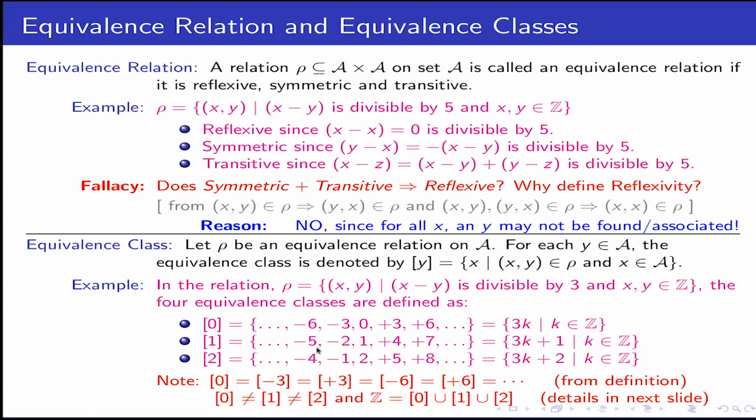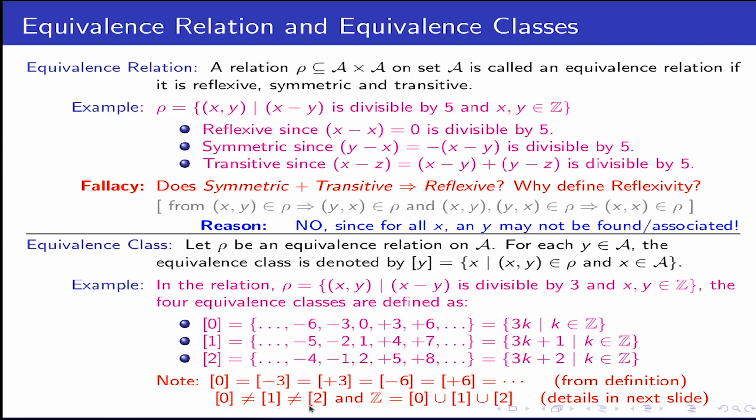Why? Because of the intuition of equivalence. If one element from set A is equivalent to an element from set B, then since this follows reflexivity, symmetry and transitivity, due to transitivity other elements will also be related to that element in the other set. For example, consider for the time being that minus 3 is related to 1. Since 6 is related to minus 3 and minus 3 is related to 1, 6 must be related to 1. So the whole set will merge if I find 2 different elements from 2 different sets that are equivalent.